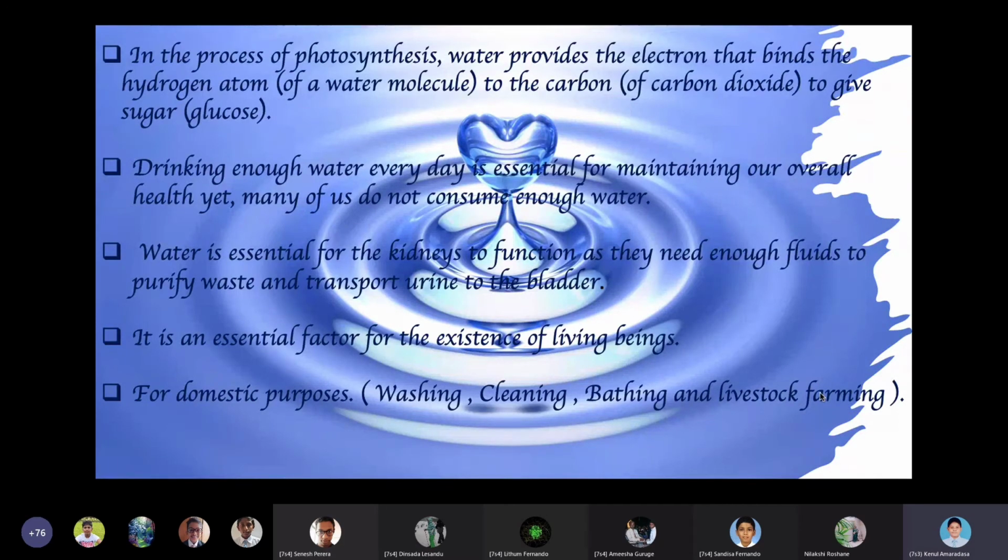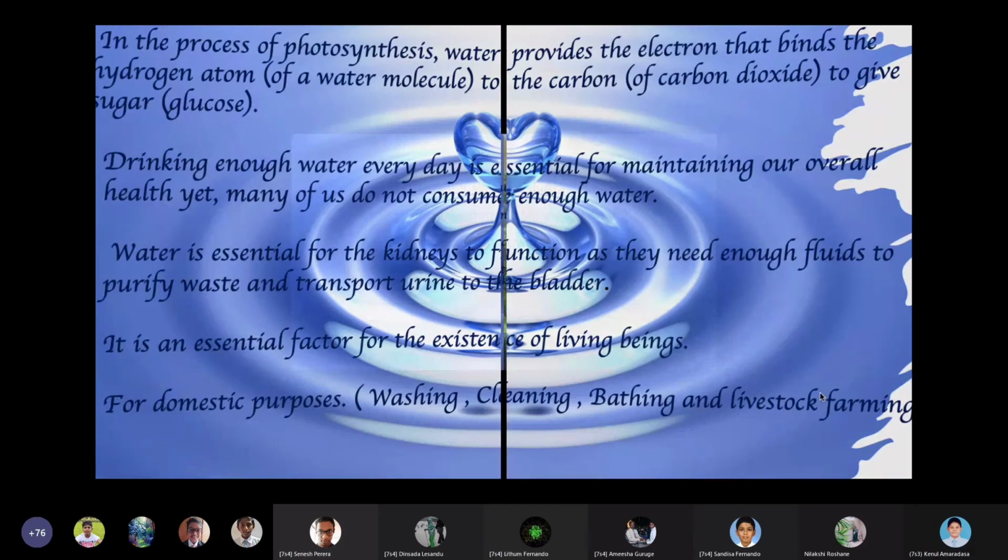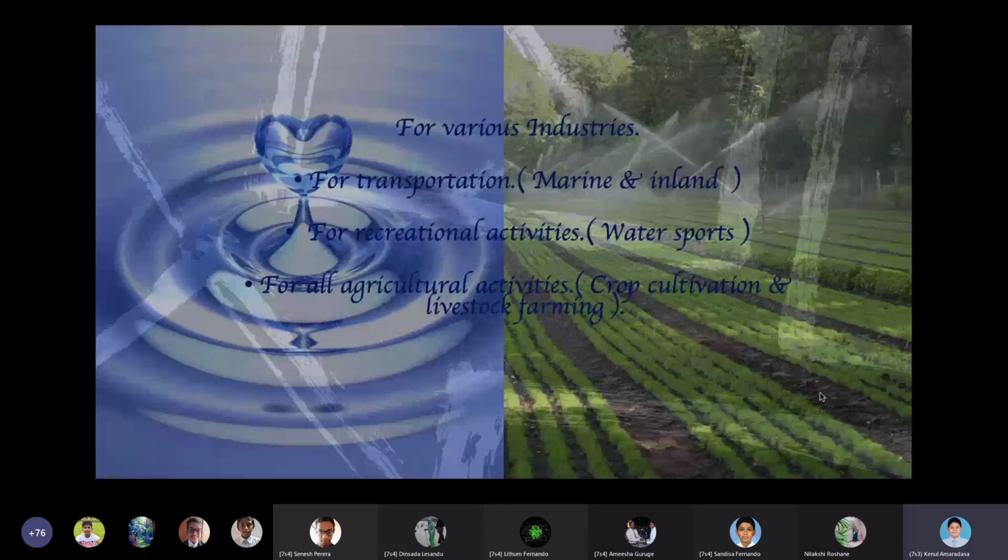We use water for domestic purposes like washing, cleaning, and bathing. We use water for various industries, for transportation, for recreational activities, and also for agricultural activities like crop cultivation and livestock farming.